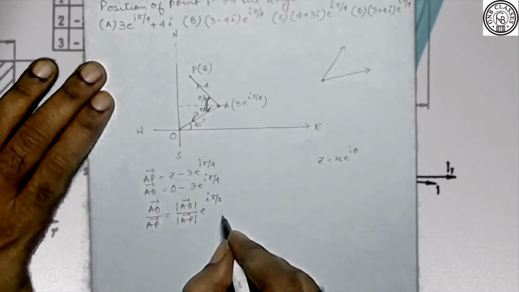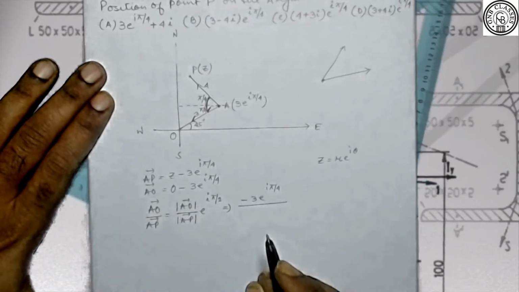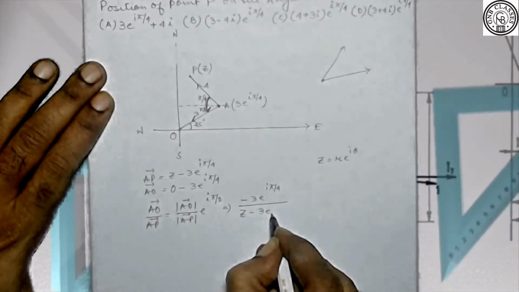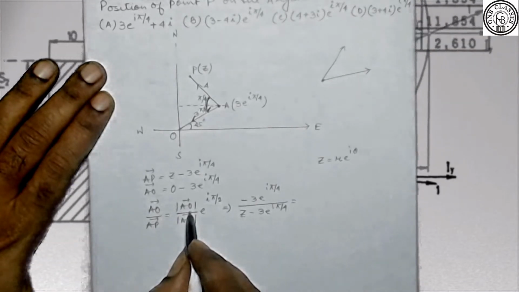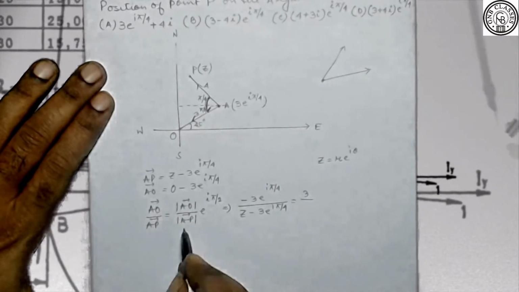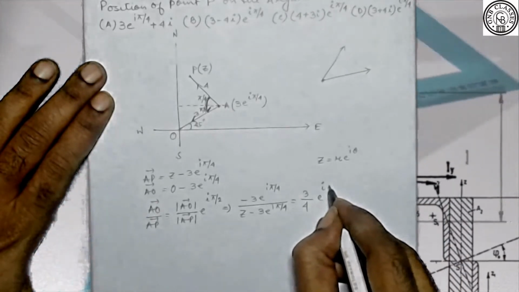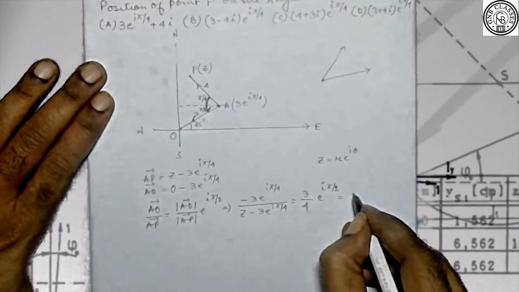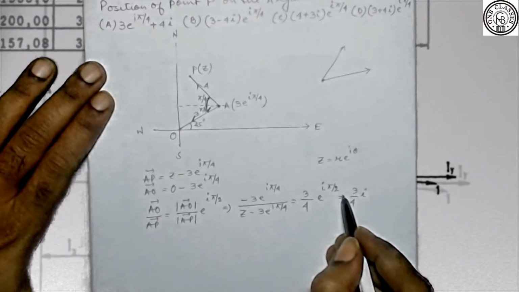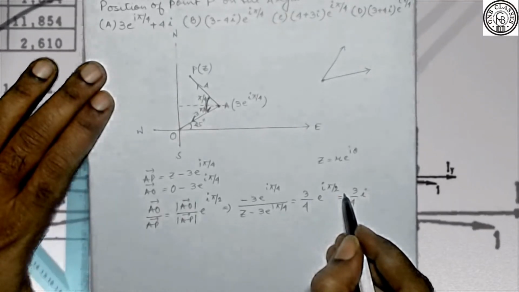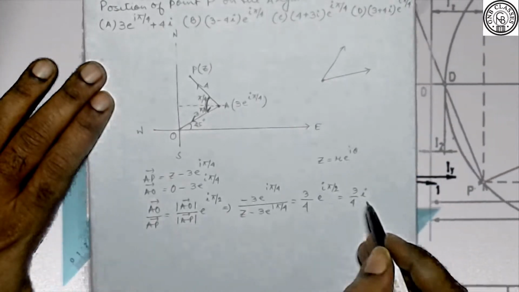Tell me yes or no. So we are getting minus 3 e to the power iota pi by 4 divided by z minus 3 e to the power iota pi by 4, which equals mod of AO, which is nothing but 3 units, by mod of AP, which is nothing but 4 units, e to the power iota pi by 2, which is nothing but 3 by 4 iota only. Because e to the power iota pi by 2 is cos pi by 2 plus iota sin pi by 2. Cos pi by 2 is 0 and sin pi by 2 is 1. So that gives us only iota.